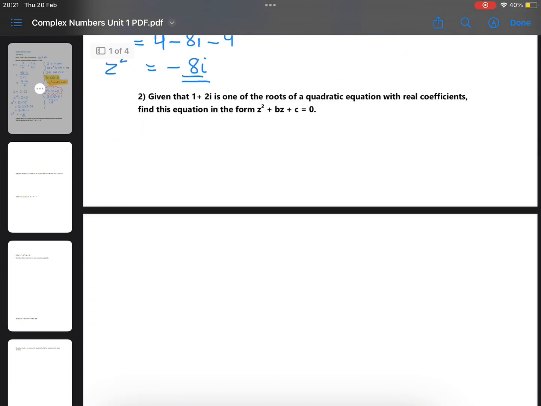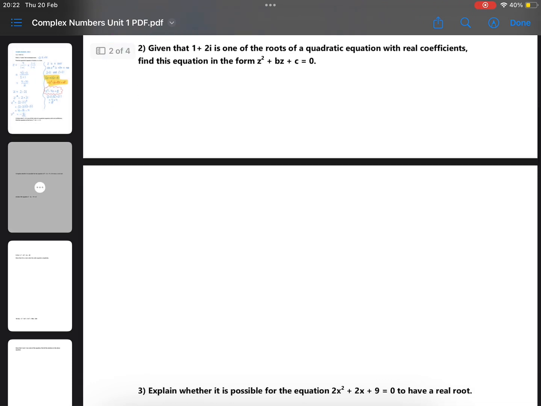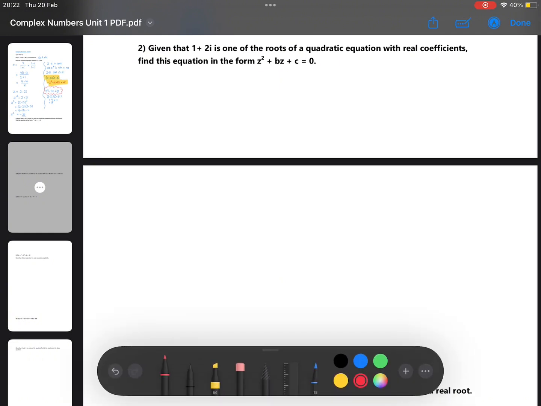Next question. Given that 1 plus 2i is one of the roots of a quadratic equation with real coefficients, find this equation in the form z squared plus bz plus c equals 0. So very similar to the one we've just done, where we have 1 plus 2i is a root.